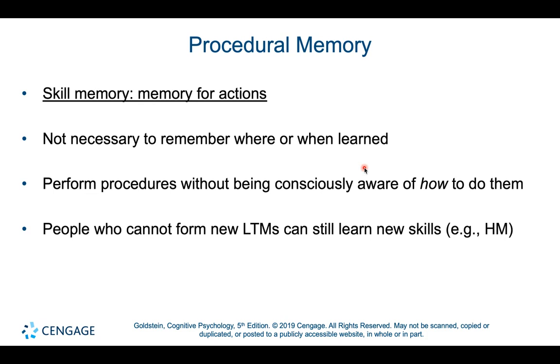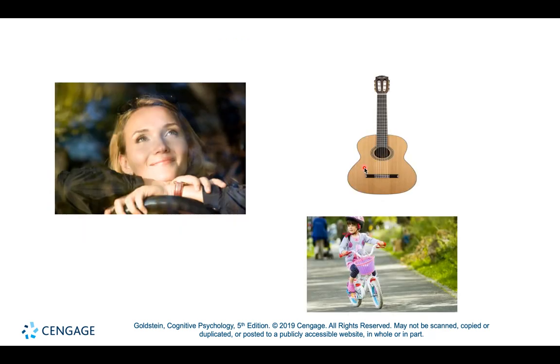He would have no long-term memories of you. But he would get better at the piano. His performance on the piano would improve. He would remember how to play the piano, even though he doesn't remember who you are. So again, our examples of procedural or skill memories, right? Riding a bike, playing a guitar, your drive home while you're daydreaming.